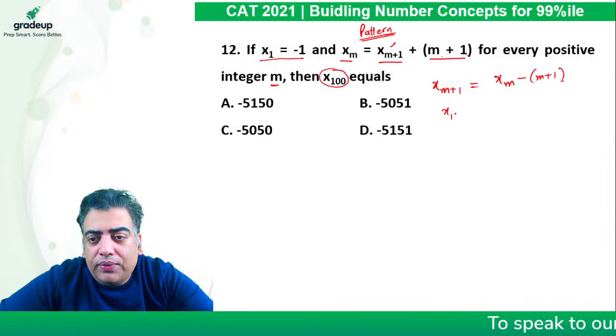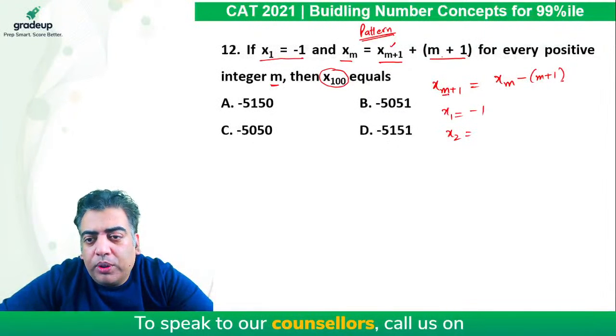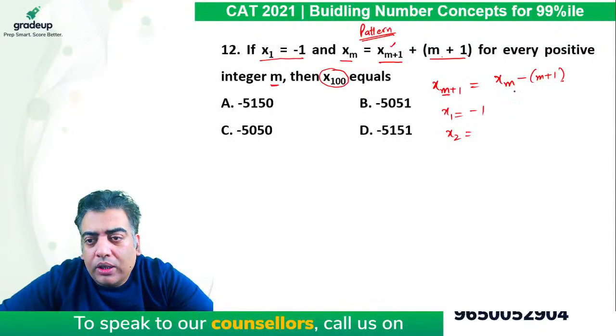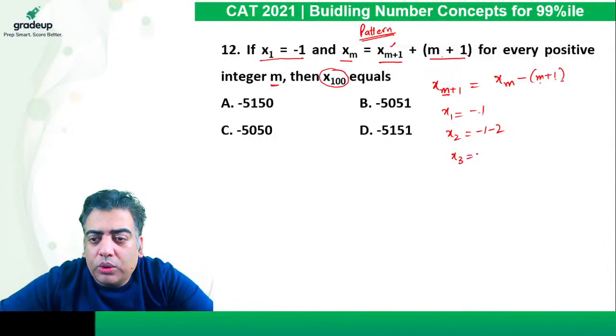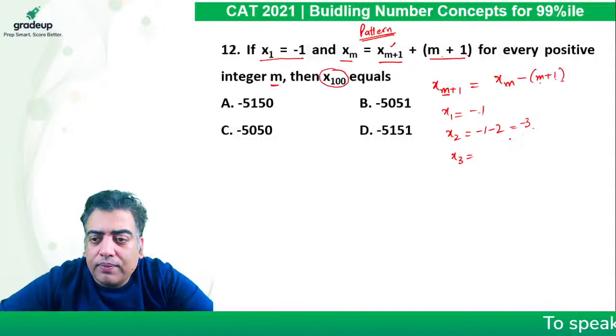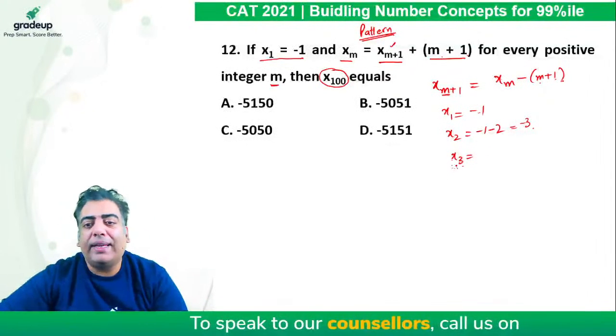So x1 given to me is -1. For x2, I will put m equal to 1. So this will be x1, which is -1 minus 1 plus 1, 2. So -1 minus 2, which comes out to be a total of -3. When I put m as 2, I will get x3.